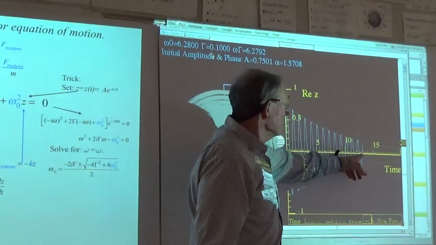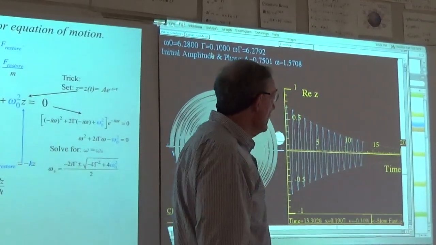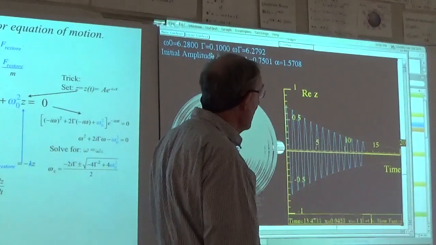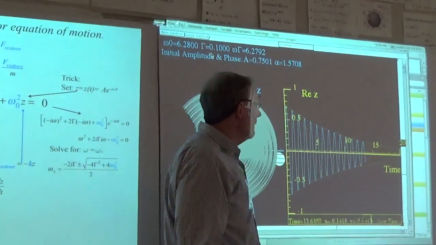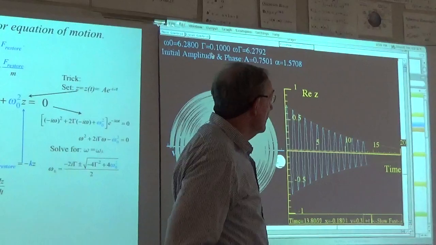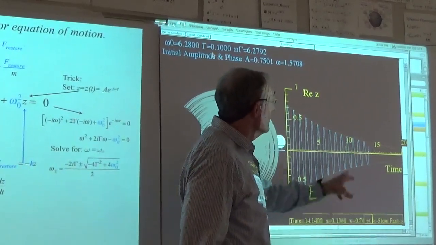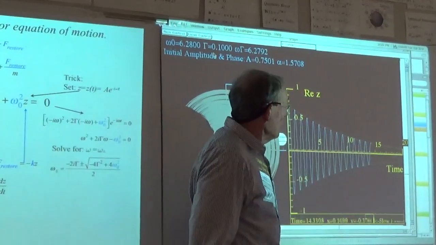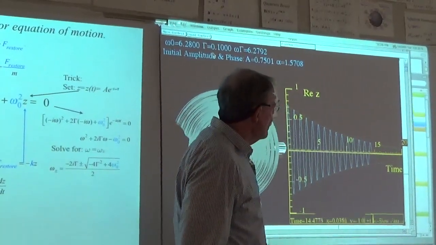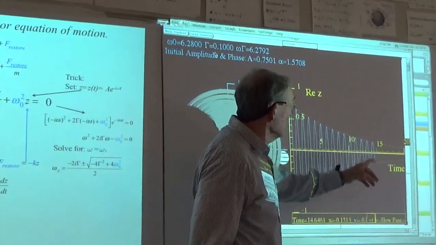There it went again, right through that tick mark, you see? So a 1 hertz oscillator with some damping is enough to reduce it by at least 20%, down to about 80% as we go by the 15 mark there, and again, we go right through it.